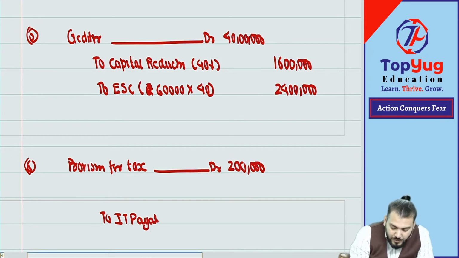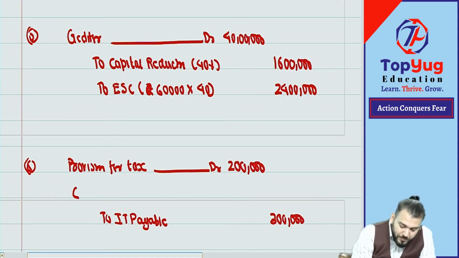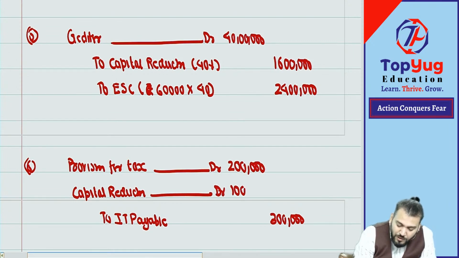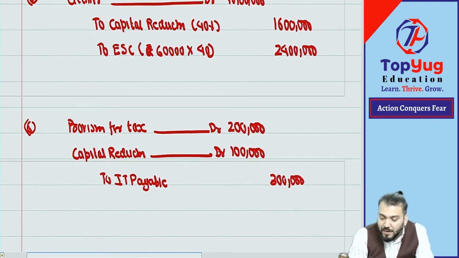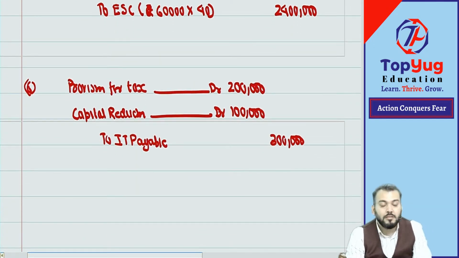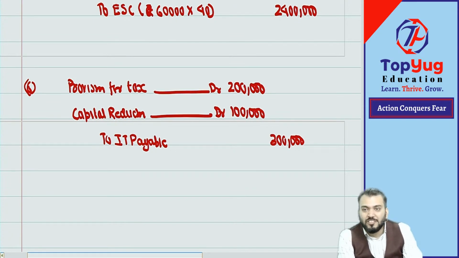Income tax payable becomes 3 lakh. And there is a loss, which will be debited to the capital reduction account. Suppose you assume it is paid, then you can pass one more journal entry, income tax payable account debit to bank. Understood? Because it is not clear whether it is paid or not, you will take an assumption.